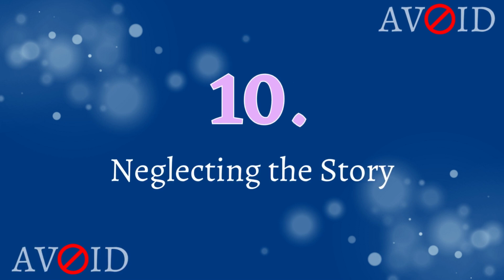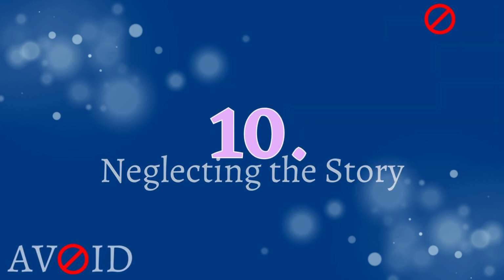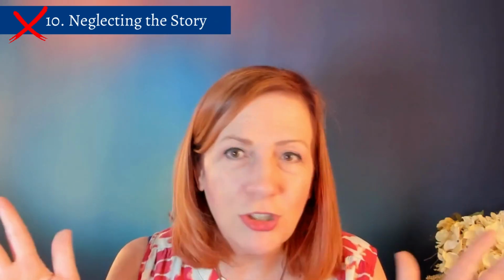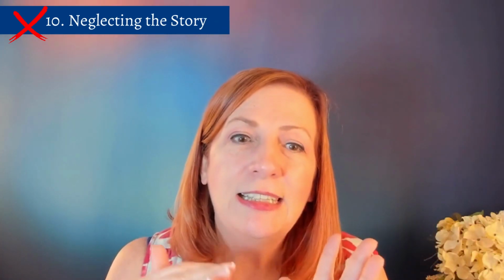Number 10, neglecting the story. You're telling a story first and foremost. The lessons should be a natural part of the narrative. It should not be, here, I want to tell them don't do drugs. They're going to figure that part out when you tell your story.